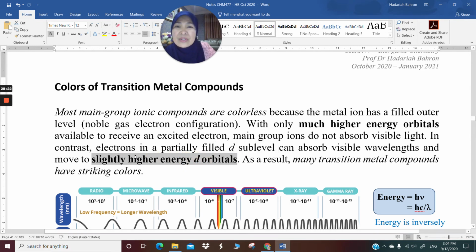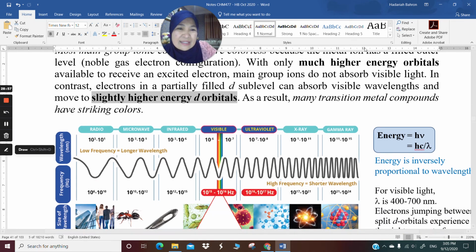You're going to be meeting this later in much more detail, but the very, very small energy level difference in d orbitals makes it possible for the d electrons to jump from one to another, and this jumping will produce energy being released or absorbed, and that energy is represented as colors of a certain wavelength to our eyes. That is why many transition metals have striking colors.